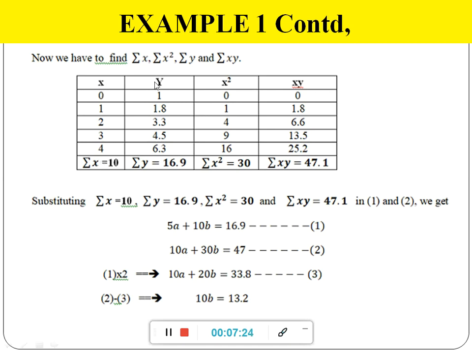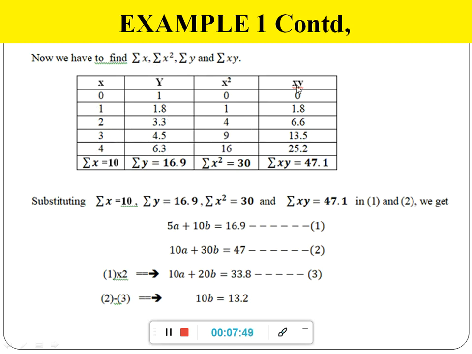Values of x are 0, 1, 2, 3, 4. Then y are 1, 1.8, 3.3, 4.5, 6.3. We have to find x square also. Square all the values of x: 0 square is 0, 1 square is 1, 2 square is 4, 3 square is 9, 4 square is 16.